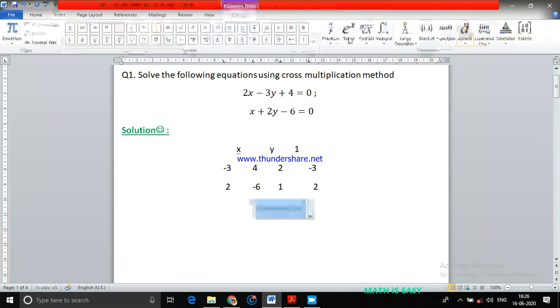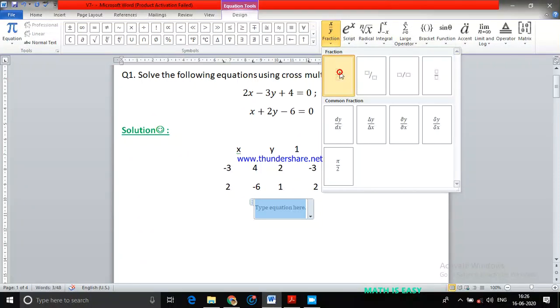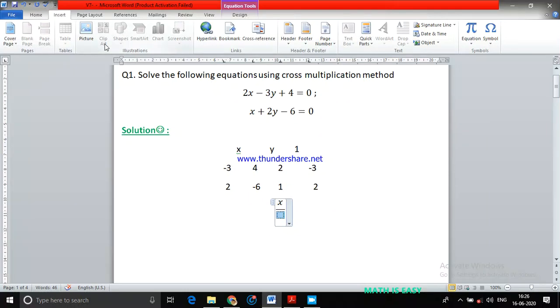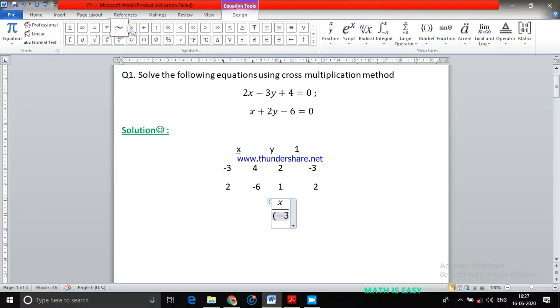Once you write them, then you have to simplify them. How do you simplify? In the numerator it is x. Let me put the bracket, minus 3 into minus 6. Let me put the equations.